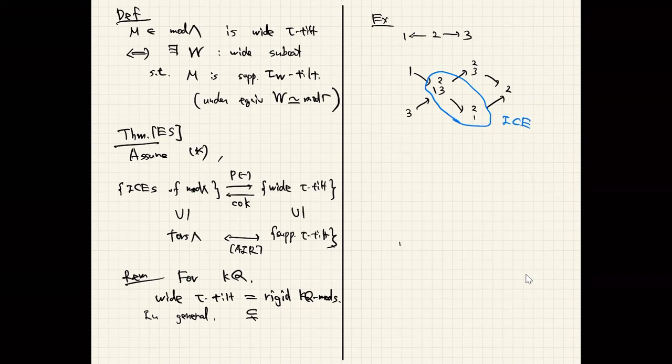And the corresponding wide tau tilting module is this and this. Consider this to be W. And we have seen that this ICE-closed subcategory is a torsion class of this wide subcategory. And in this case, the direct sum of this and this is a wide tau tilting module.